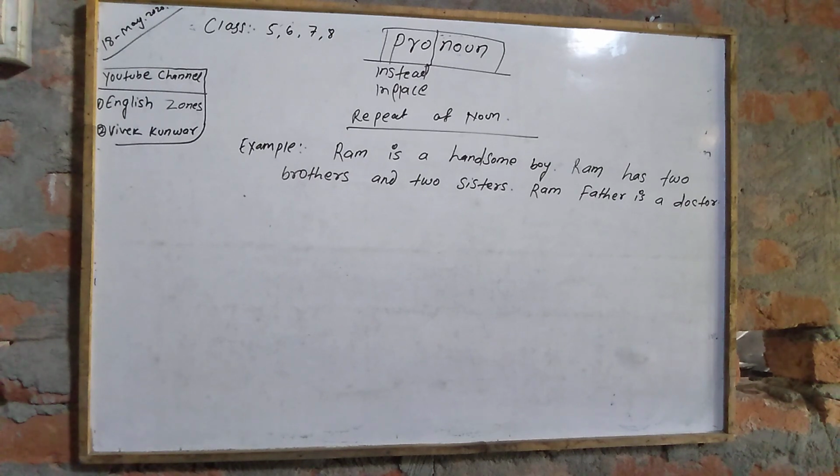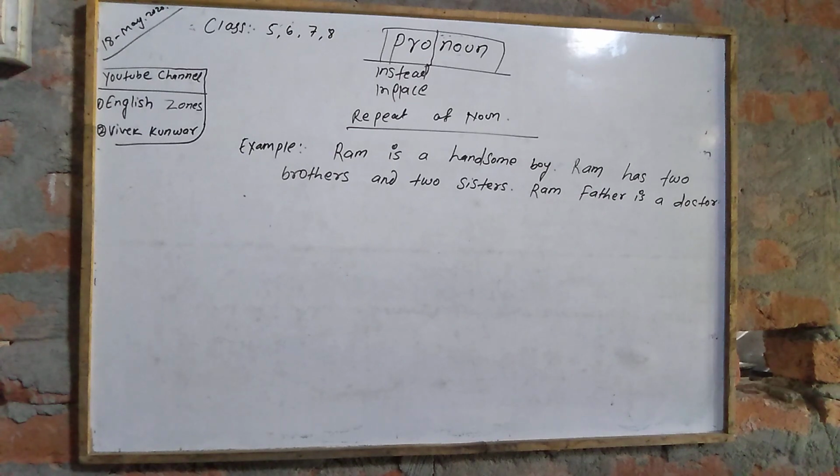You can imagine that all these sentences are correct, but it's not a good way. Using only Ram again and again is boring language. The repetition of noun makes language bad and leads to some serious errors also.